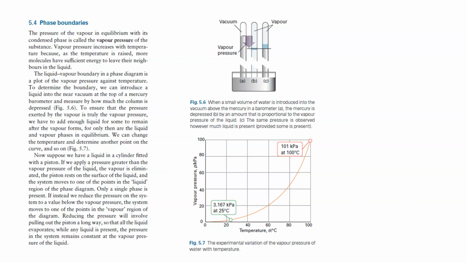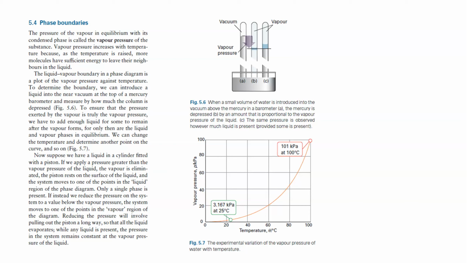Now, suppose we have a liquid in a cylinder fitted with a piston. If we apply a pressure greater than the vapor pressure of the liquid, the vapor is eliminated and the piston rests on the surface of the liquid, and the system moves to one of the points in the liquid region of the phase diagram. Only a single phase is present.